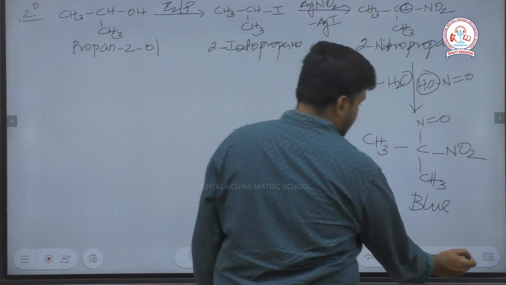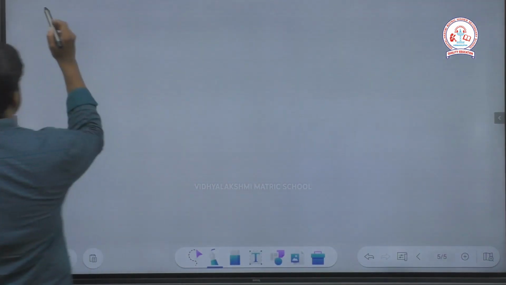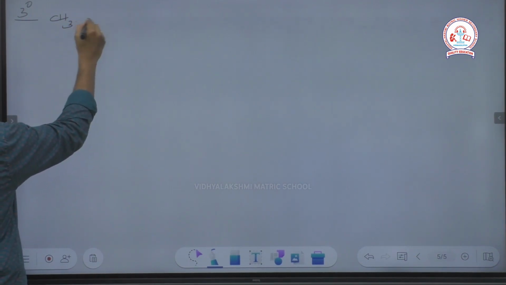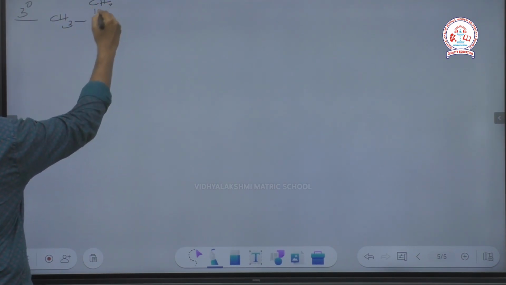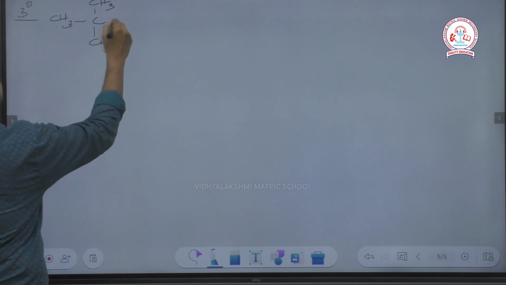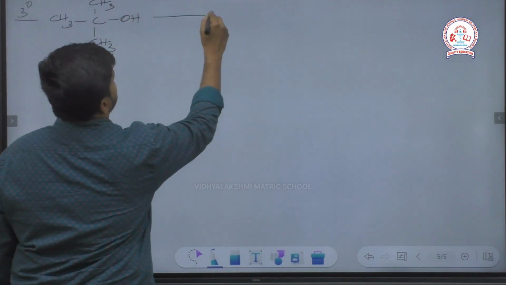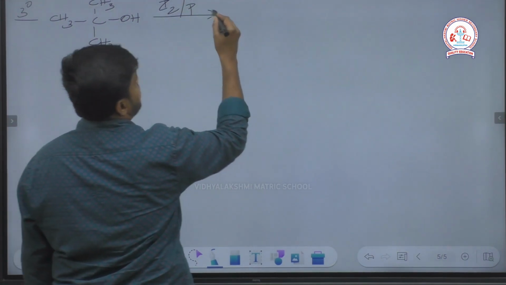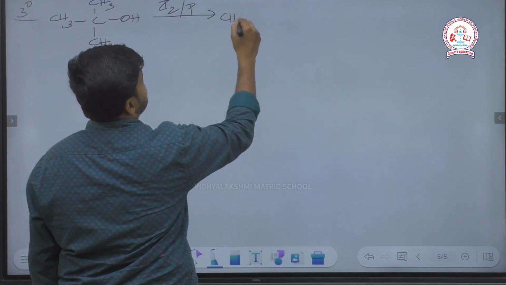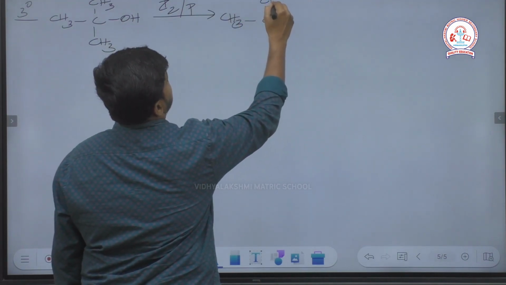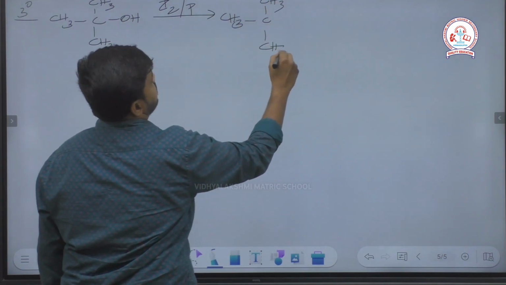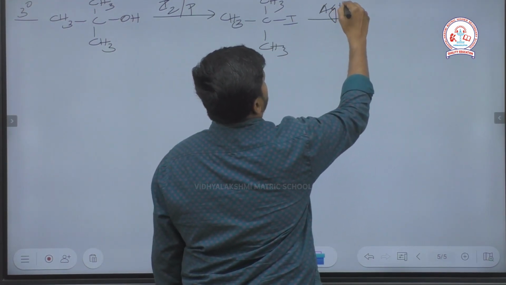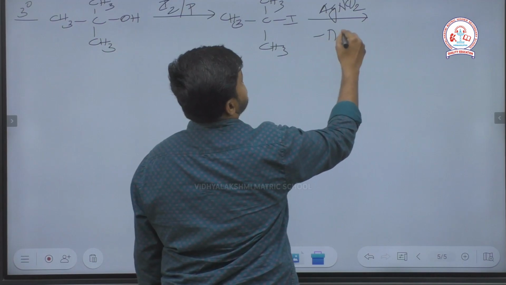When we take this tertiary alcohol, the reaction stops there, where we'll look into it. CH3, C, CH3, CH3, OH. On treatment with iodine in the presence of phosphorus, OH will be replaced by iodine: CH3, C, CH3, CH3, and here it is I. On treatment with AgNO2, Ag will take up the I and goes as AgI.